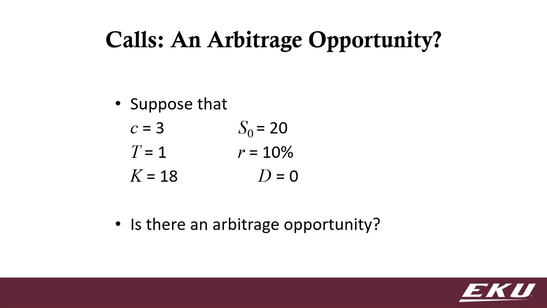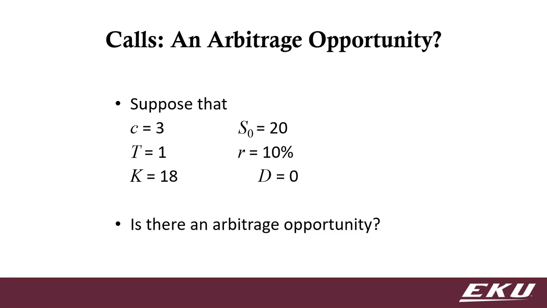The risk-free rate is 10%. So instead of putting in 20 and just letting it sit there, because it'll be in the stock, right? No dividends being paid, right? But I could wait and just let the money grow at 10% and then purchase it for $18 in the future if I pay $3 for the call.